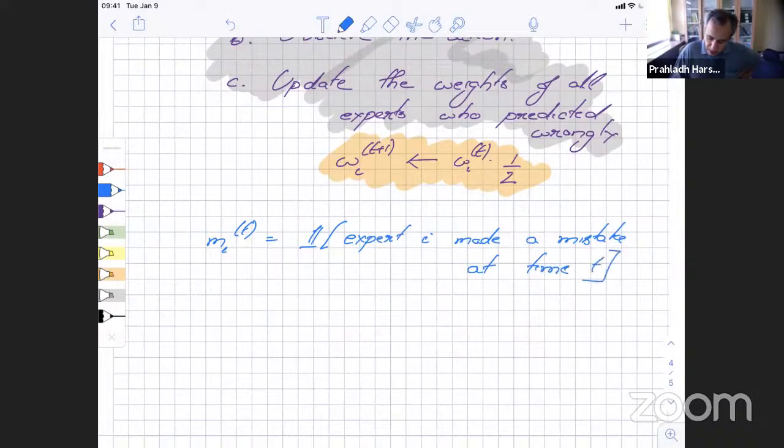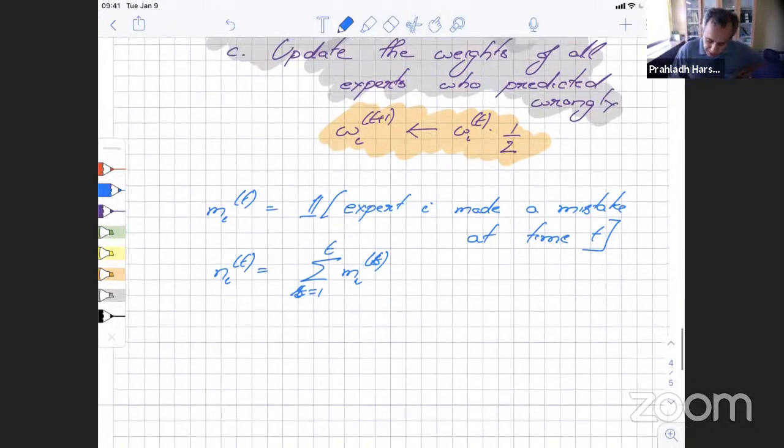And let's call n_i^t the sum of m_i^s, s going from 1 to t. So up to time t, the number of mistakes by expert i, and I want to compare this against n^t, which is the number of mistakes made by the weighted majority algorithm till time t.